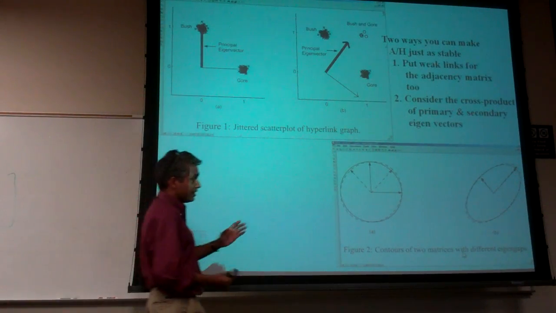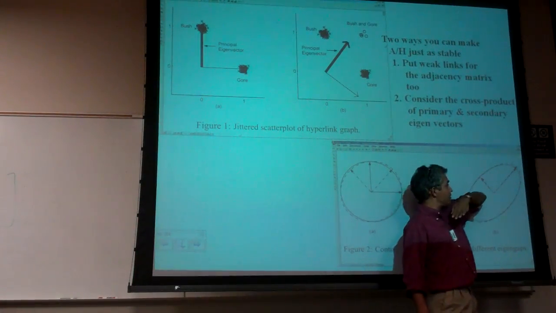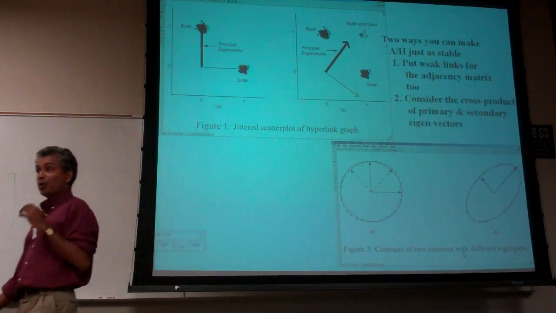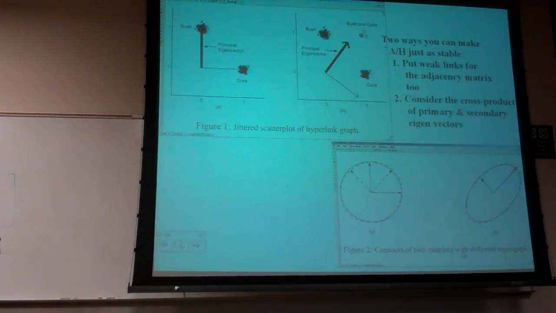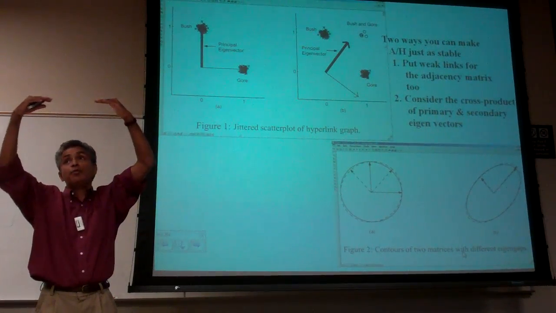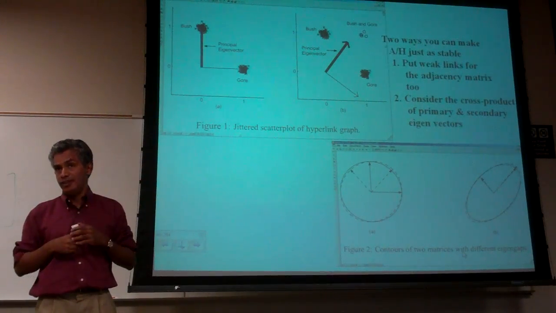So in this particular case, he just took the primary and the secondary eigenvectors, took their cross product, and used that as the importance measure, and showed that once that is done, A, it's pretty stable irrespective of the eigengap, and B, it's just as good as PageRank. And who is to say whether this paper is the most important, or this paper is the most important, when both of them are really quite important anyway?